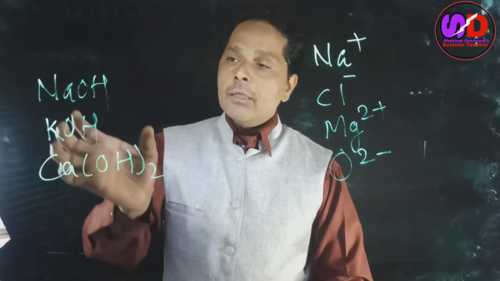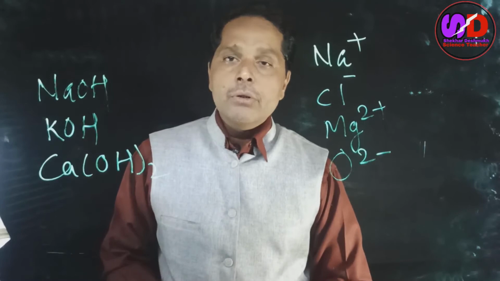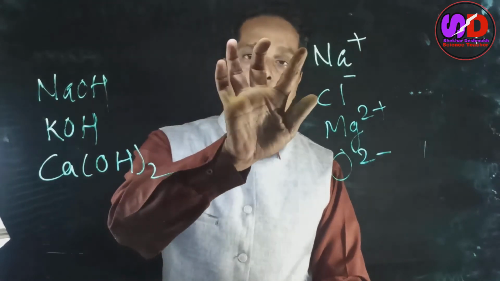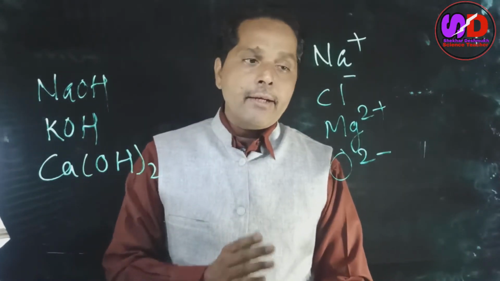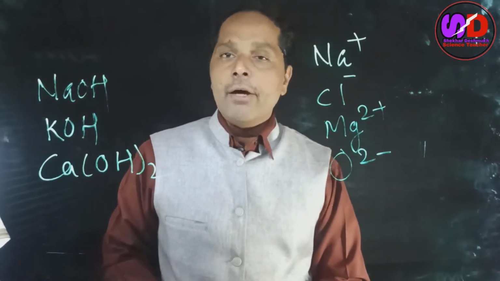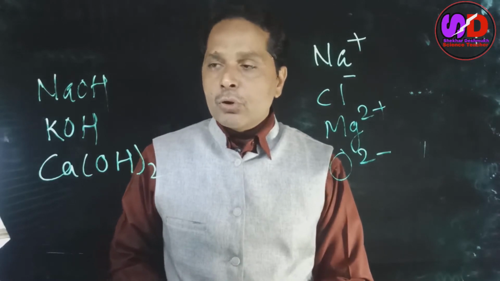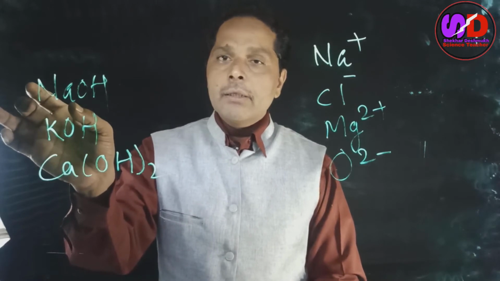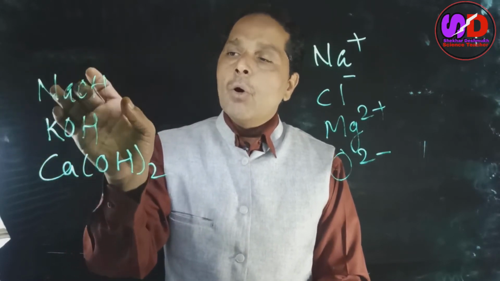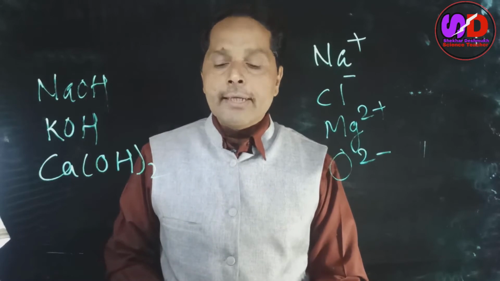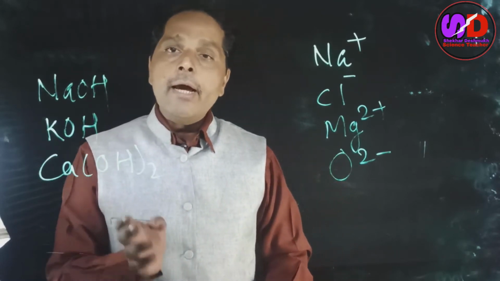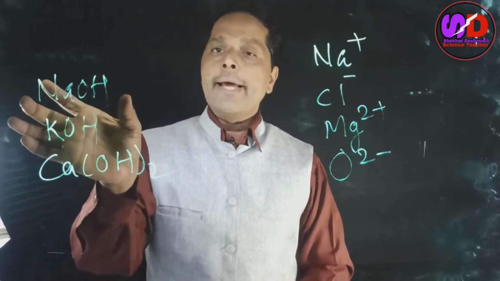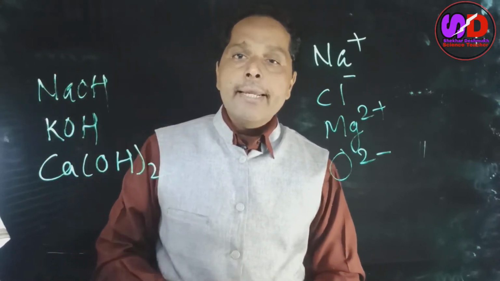In all such ionic compounds, two types of ions are present. One is a positive ion, called a cation, and a negative ion, called an anion. If a cation reacts with the hydroxyl group, that means the hydroxide anion, then it is called a basic radical.